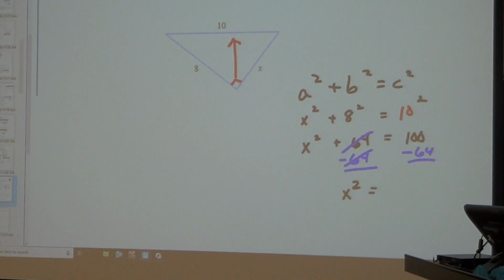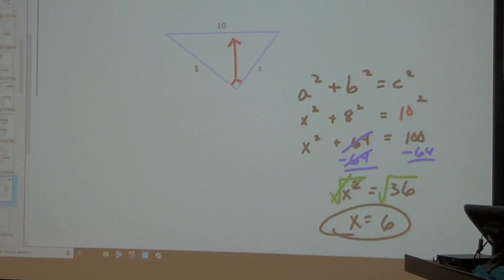So 100 minus 64 gives me 36. Am I done? No. What do I have to do to get x? Take the square root. So what is my final answer going to be? What's the square root of 36? There's your final answer.